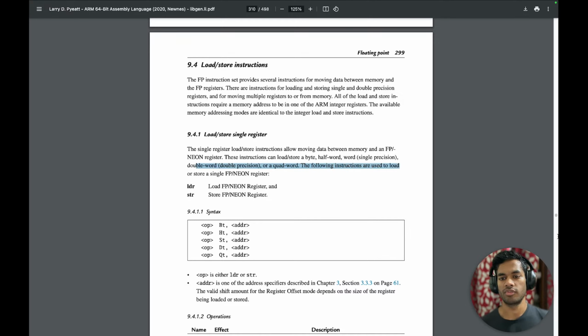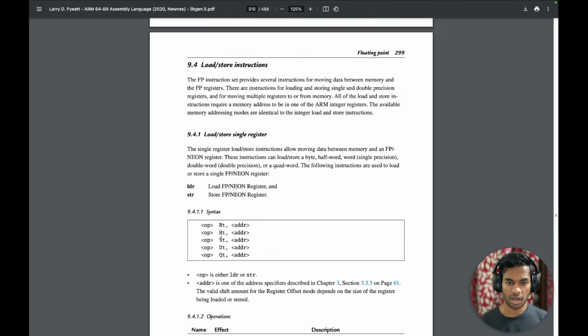The following instructions are used to load or store a single FP Neon register. LDR, STR, that is the same as before. Load this register and store this. But I'm not providing what the syntax is.